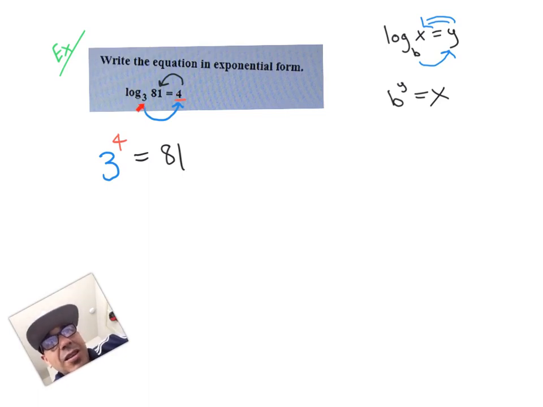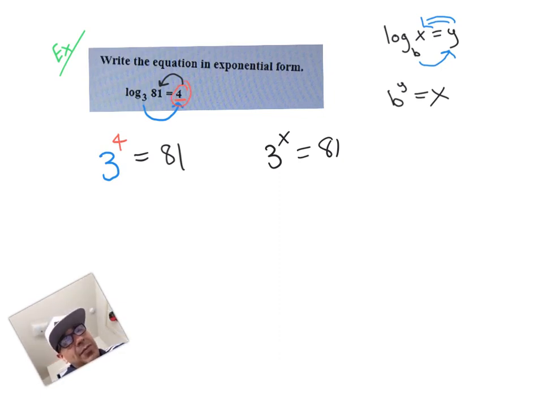This is really saying 3 raised to what power gives me 81? That's what I'm really thinking about. And it makes sense. 3 raised to what power equals 81? It makes sense that this should be 4, because 3 to the 4th power is 81.